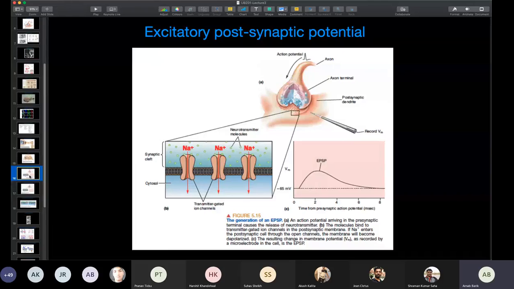A good example would be in your spinal cord or brain, where you have a feeding neuron. When you're hungry, the neuron fires, and the firing of the neurons is making you hungry, and then you want to eat.